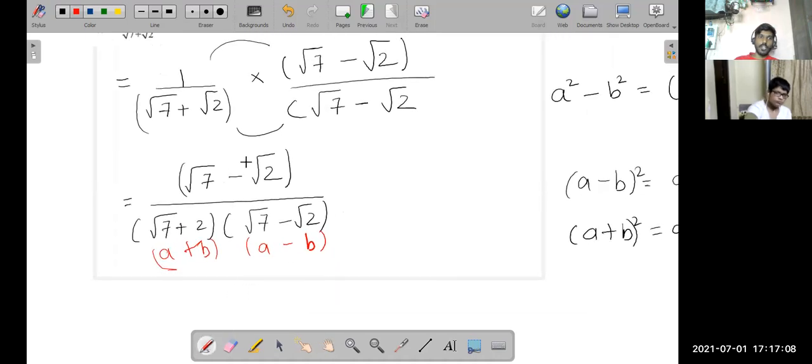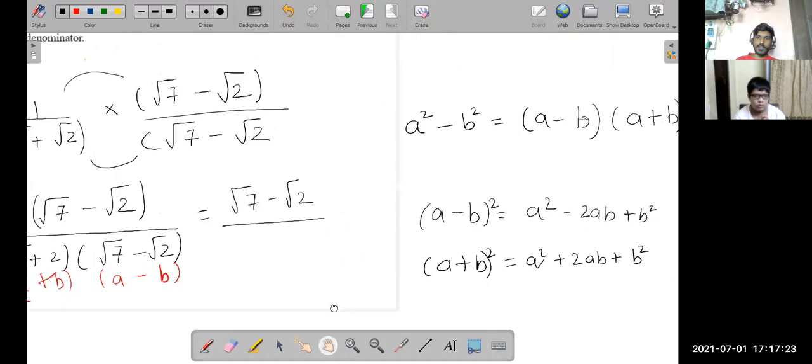So what will the denominator change to? The numerator, I'll write it as it is, root 7 minus root 2. But can you tell me what will the denominator change to? A is root 7, B is 2. So use the formula and tell me.